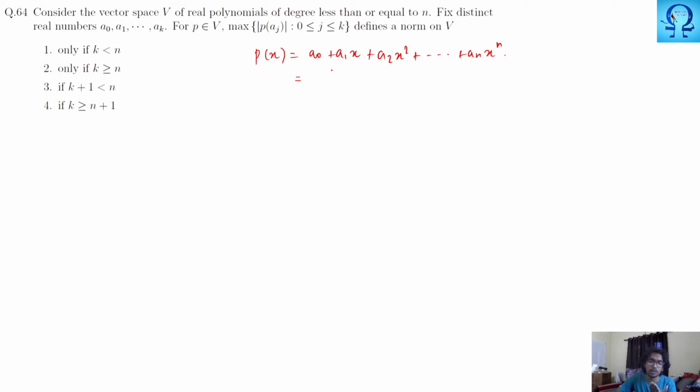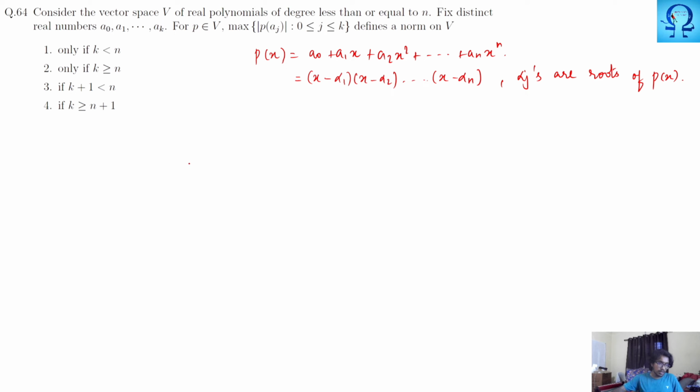If we are able to get all the roots of this polynomial in the real field itself, then we must have x minus alpha 1 into x minus alpha 2, etc. till x minus alpha n, since it can have at most n roots. Here the alpha j are roots of p of x. If they are repeated, I am counting them twice. That is what I have done here. Why have I written this? That is what we are going to check.